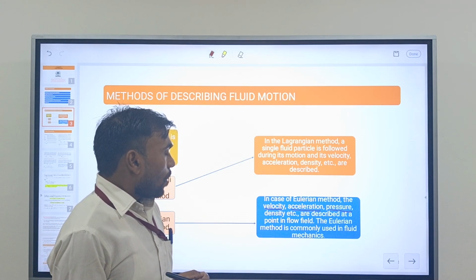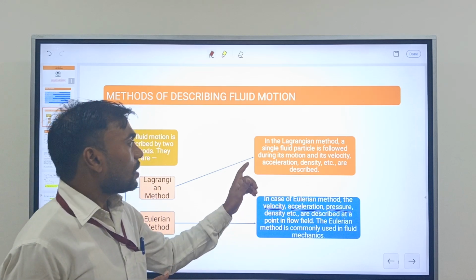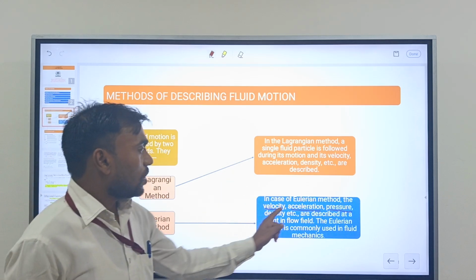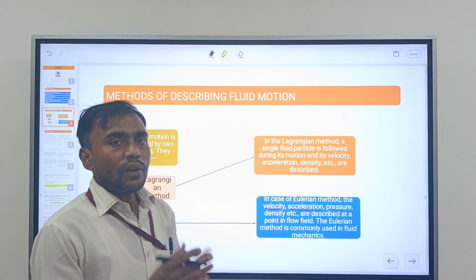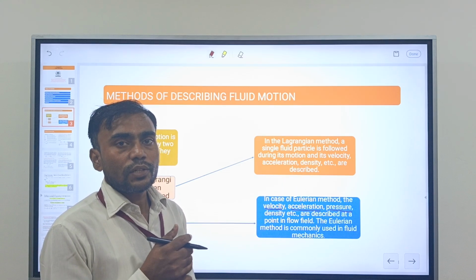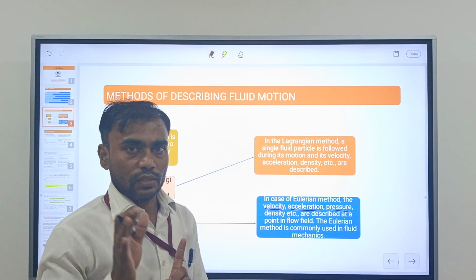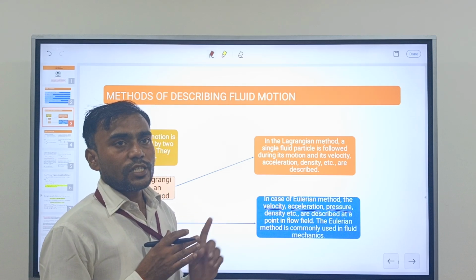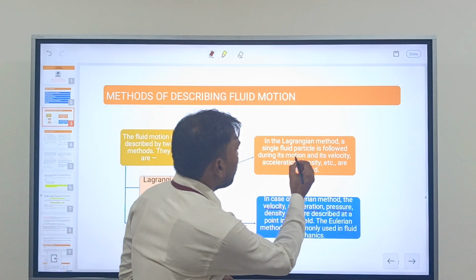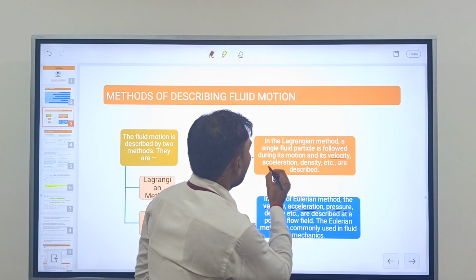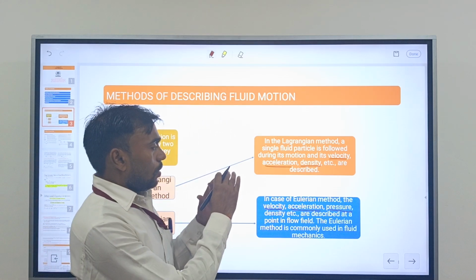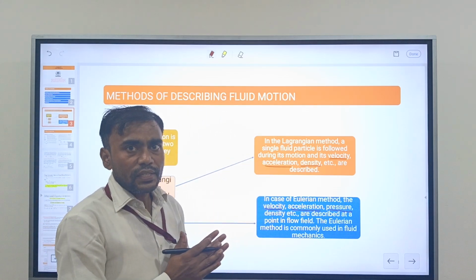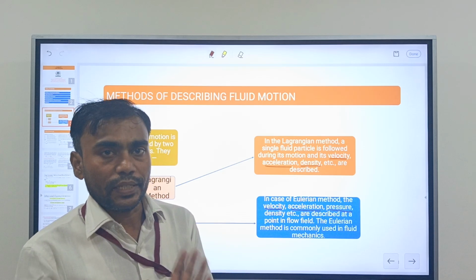So, what is the difference between Lagrange's method and the Eulerian method? In Lagrange's method, only one fluid particle is considered throughout the whole fluid motion, and based on its properties, velocity, acceleration, density, etc., the whole fluid behavior is easily interpreted.